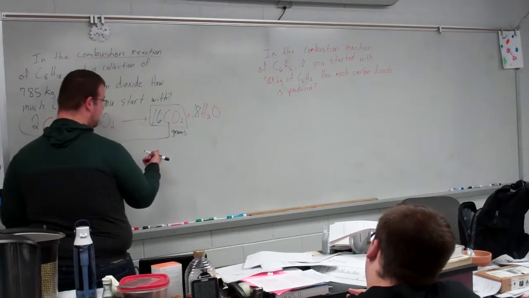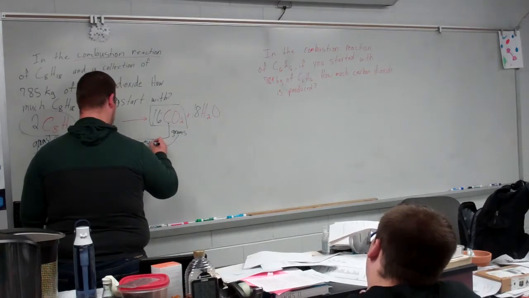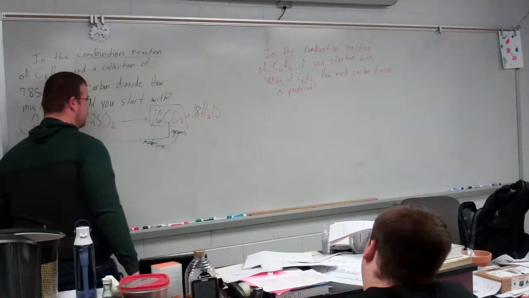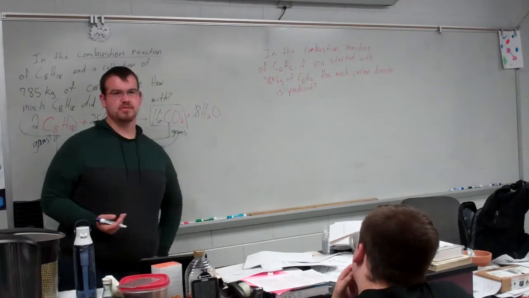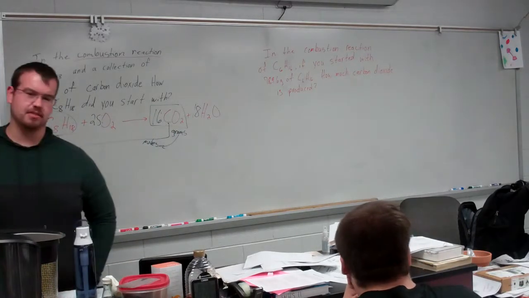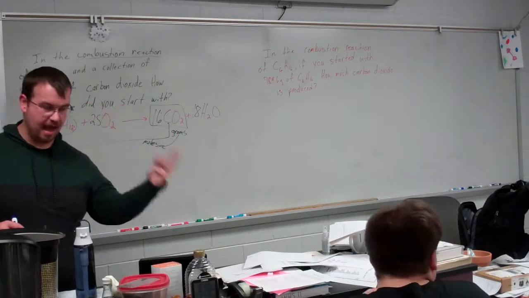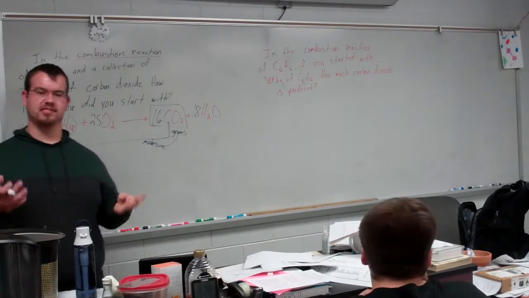To get from here to there, I have to get to moles. Why do you have to go to moles before you can go to that? Because remember what moles is. 1 mole is equal to 6.022 times 10 to the 23rd molecules, compounds, atoms, formulas. It didn't matter. It was the same thing.